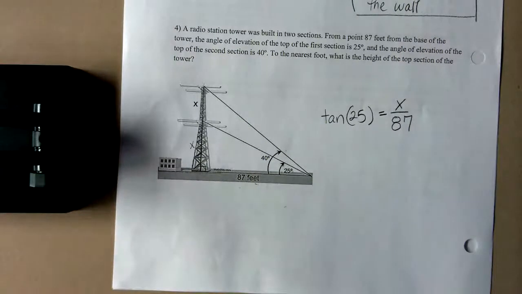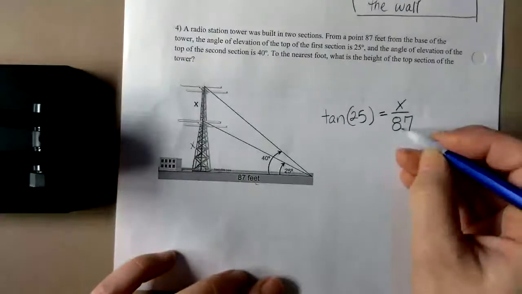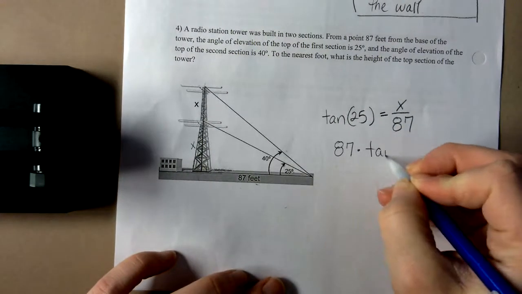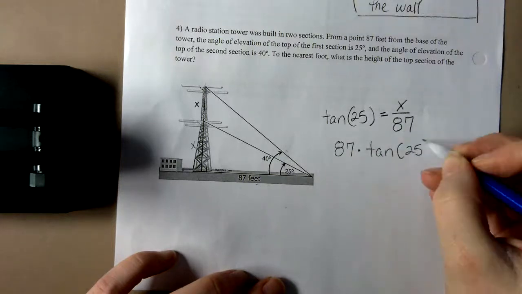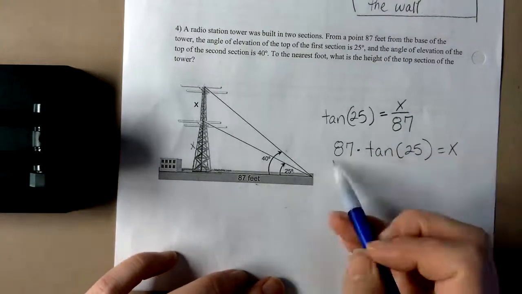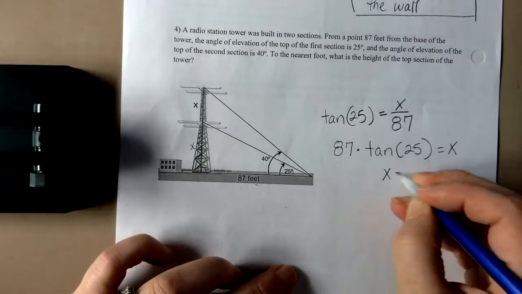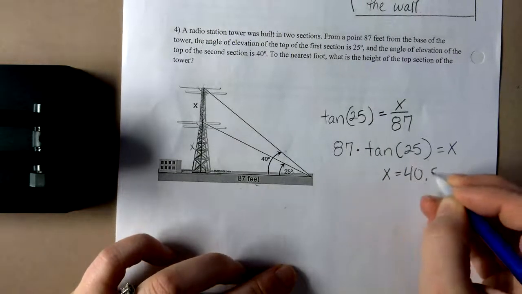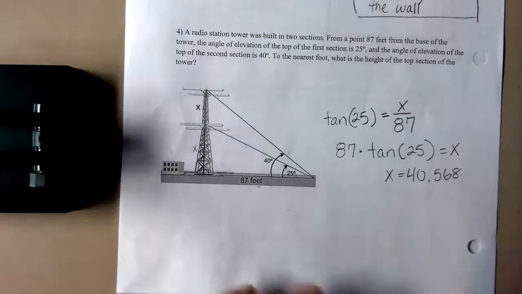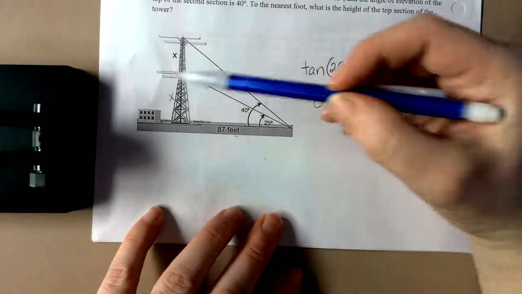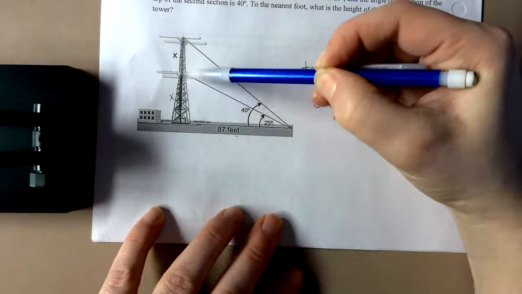Then you multiply both sides by 87, so 87 times the tangent of 25 equals x. This is what you would type into the calculator. Then you get x equals 40.568, etc. So that 40 is the first section.